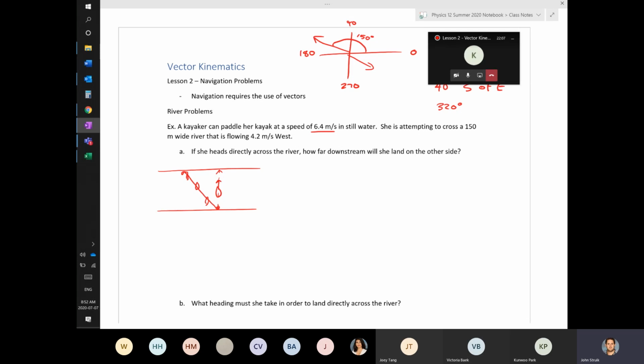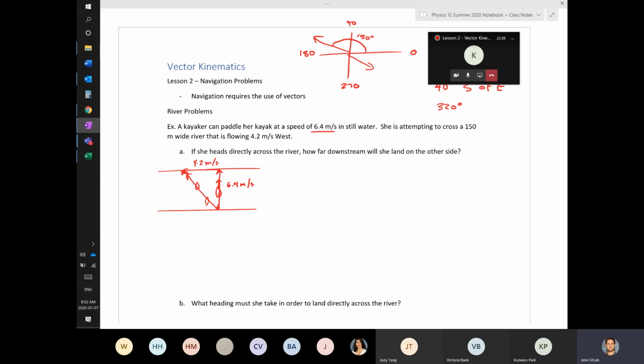That means the speed at which she crosses the river is 6.4 meters per second, and the speed at which she's being pushed downriver is 4.2 meters per second. Now this is a very challenging concept for people. The speed at which she crosses the river is unaffected by the river itself because she's pointed directly across.